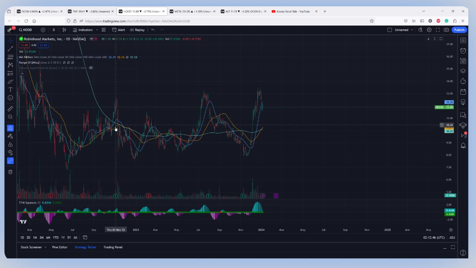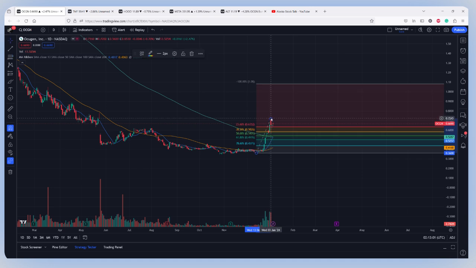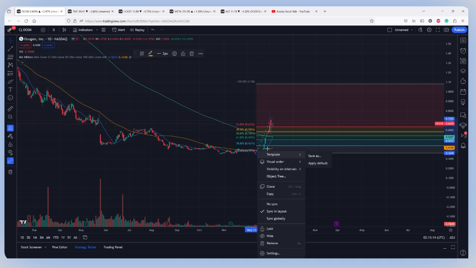So even if in the next 2 days the 13 and the 50 do come up and cross, it does not mean that we can't come back down to find some lower support, back on some Fibonacci levels. We could come back down to test, right? Let me get rid of this.